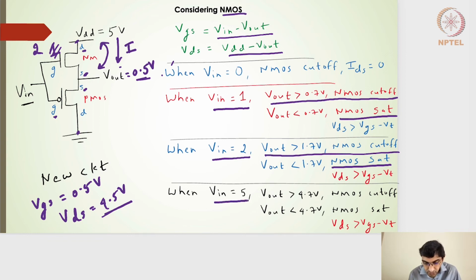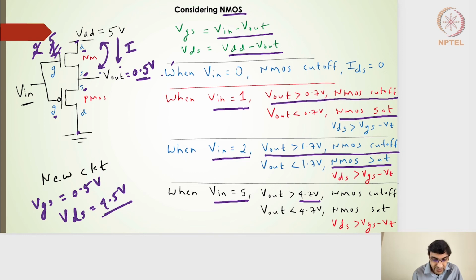Similarly, when V input is equal to 5 volts, if V output is greater than 4.7 volts, the NMOS transistor will be in cutoff and the current will be 0. And if it is less than 4.7 volts, let's say somewhere around 3 volts, and the input voltage is 5 volts, then VGS is 2 volts and VDS will be 5 minus 3 volts.